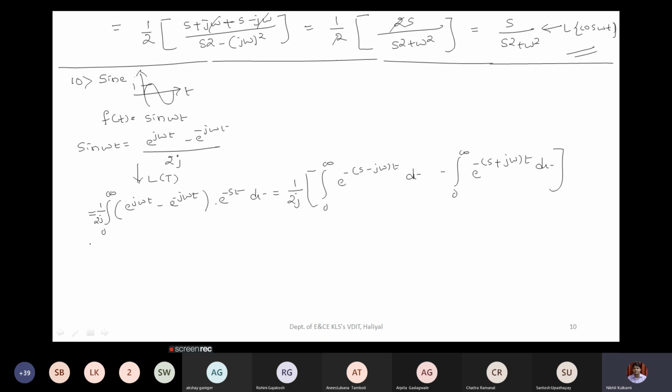Okay, then further if you solve it, that is going to give you 1 divided by 2j.